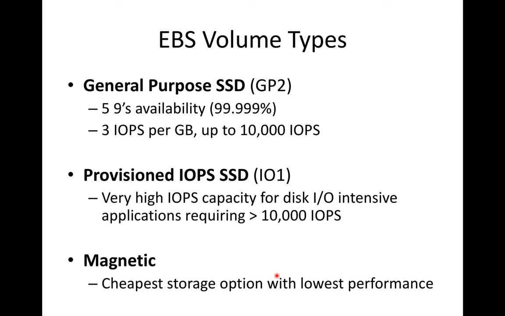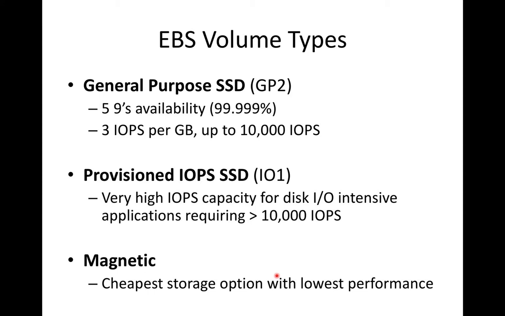If the standard performance of the general purpose storage is not high enough, you can create Provisioned IOPS SSD, or IO1 storage. This provides extremely high IOPS capacity for very disk IO intensive applications.